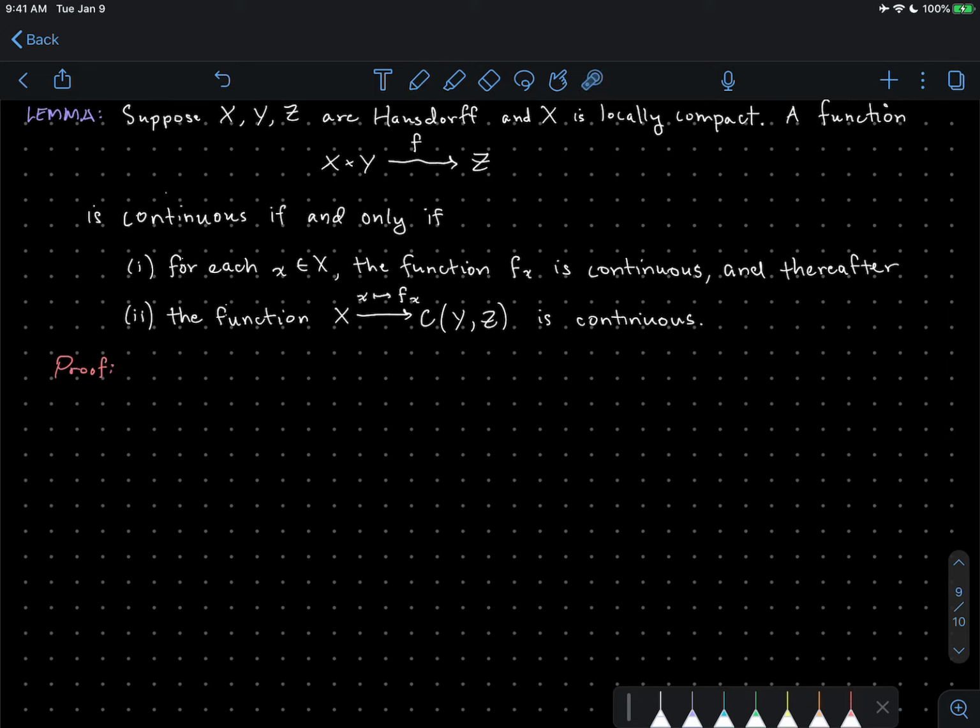And just to clarify, the reason that this is an 'and thereafter' is because this map actually lands in continuous functions from Y to Z because of the first claim.